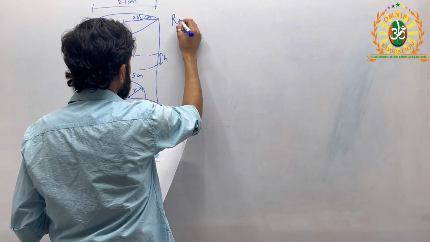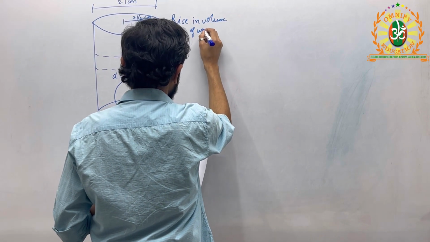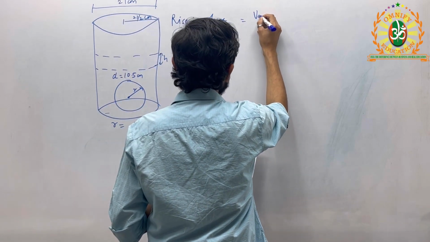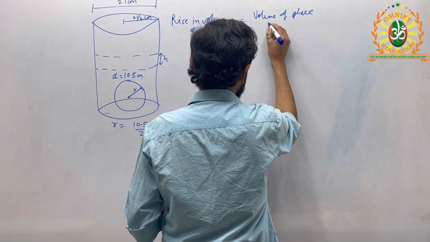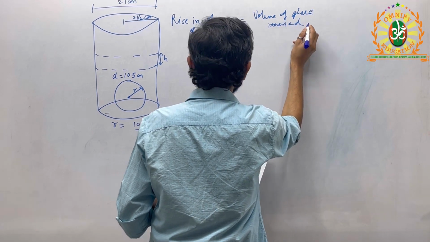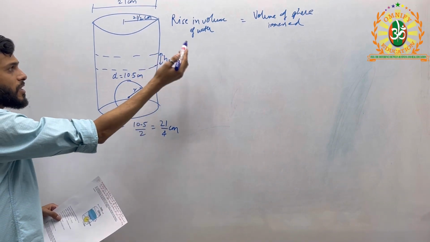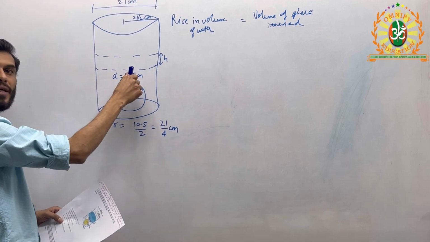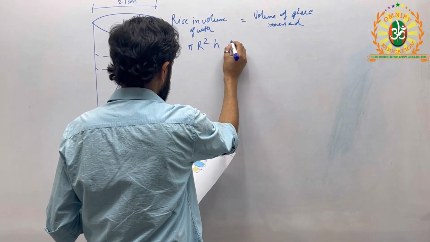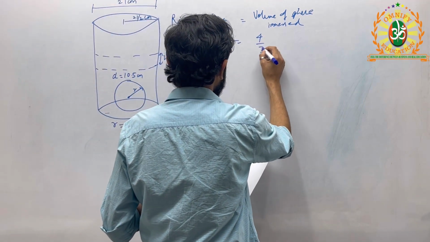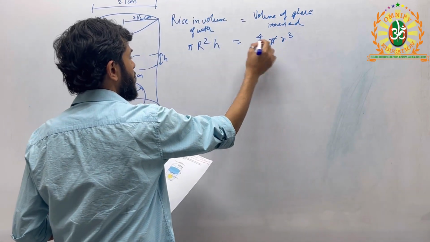So the rise in volume of water would be equal to the volume of the sphere which was immersed. It means the height by which the water level rose is equal to the volume of the sphere which was dipped inside the cylindrical can. So it would be pi r square h equal to 4 by 3 pi r cube. Now pi would get cancelled out.